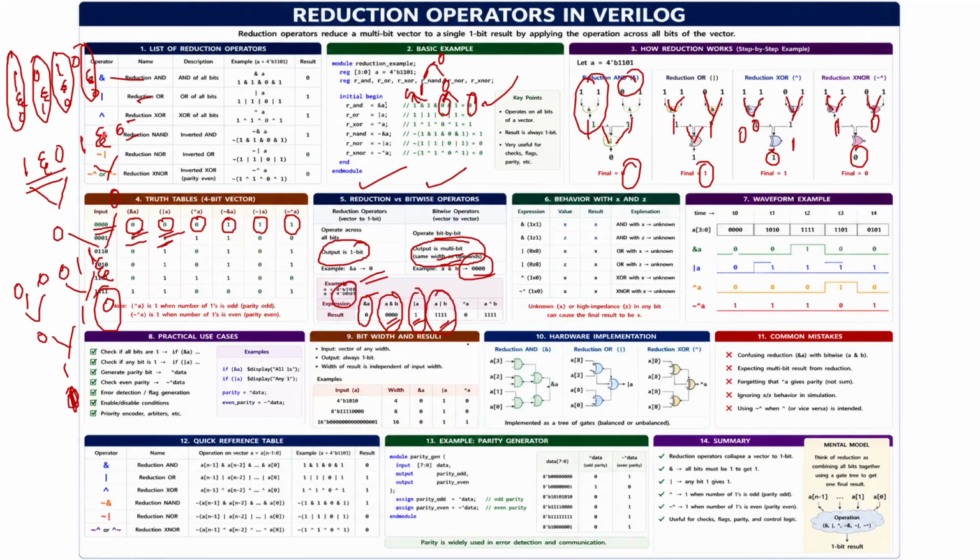Okay, so that is the basic difference between the reduction operator and bitwise operator. For bitwise operation, here one value is 0 1 0 0 you are considering, and then the other value is 0 0 1 1. Suppose XOR operation I am doing here, bitwise, you are getting 0 1 1 1 at the output side.